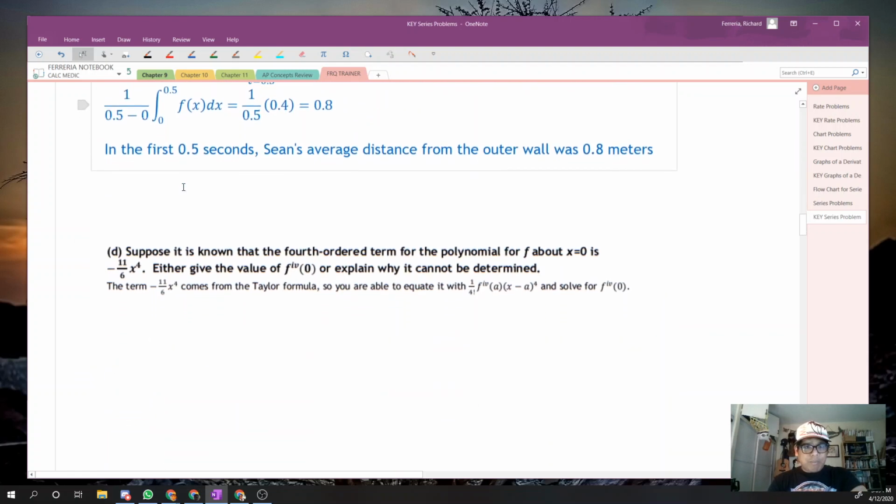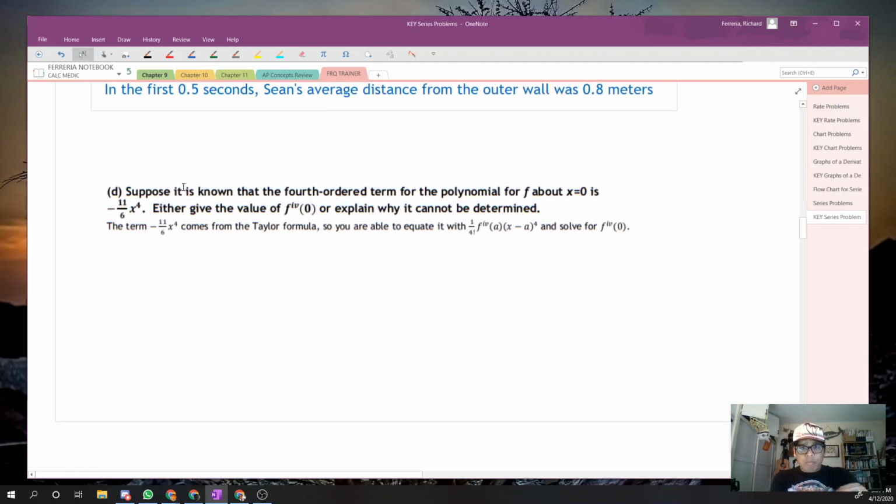Letter D says, suppose that it's known that a fourth order term for f about x equals 0 is negative 11 over 6 multiplied by x to the fourth. Either give the value of the fourth derivative at 0 or explain why it cannot be determined. So the first thing I want you to think about is you can determine this because if the center of the polynomial is 0, as expressed right here, that means that any polynomial expression should contain derivatives evaluated at 0.